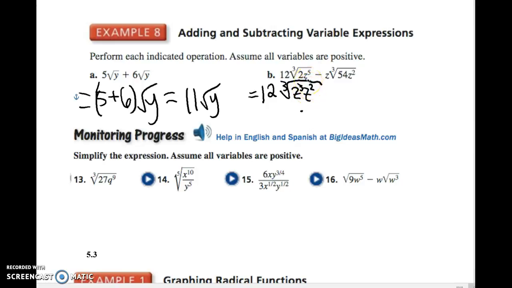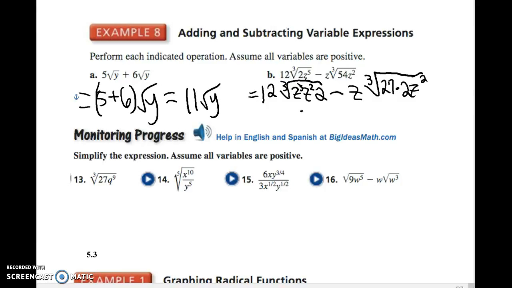But that 2 is still there. I should have written that first, but that 2 is still there. And then minus z times the cube root of 27 times 2, because that's 54, times z squared.